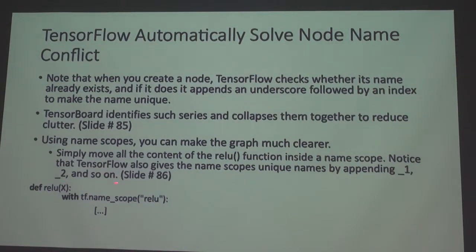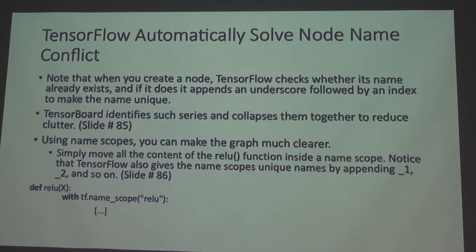So you can use name scope to make the graph much cleaner. How to do that? We can simply move all the content of the relu function inside a name scope. In that case, TensorFlow will give the name scope a unique name by appending underscore 1, underscore 2, and so on. You define the relu function, and inside the function definition you define the name scope.